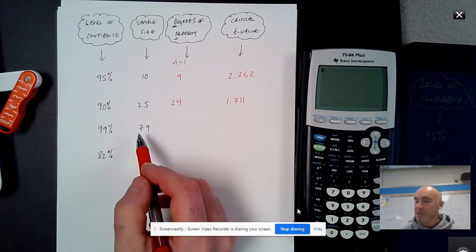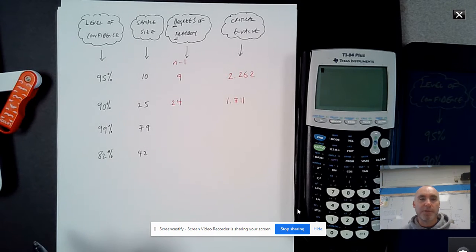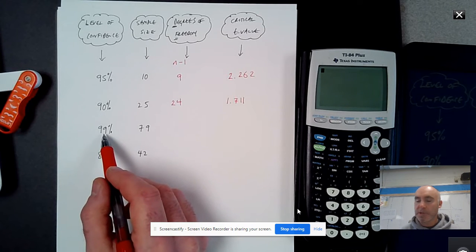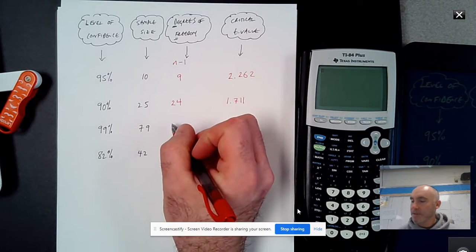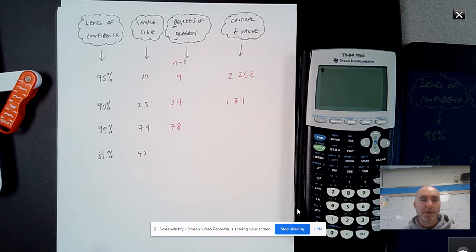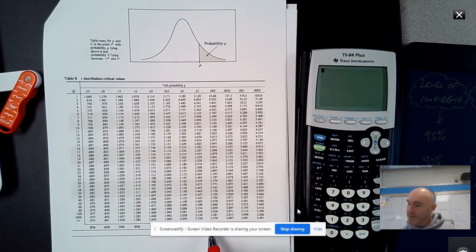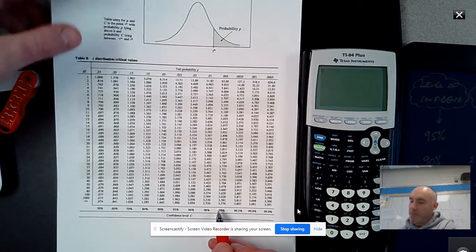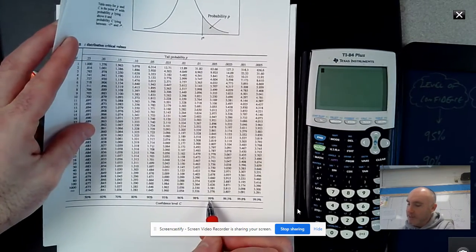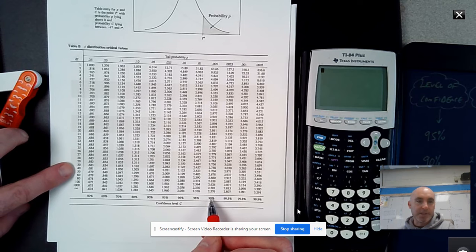Now, occasionally, you get a value where maybe the degrees of freedom aren't there. In this one, we're looking at 99% with a sample size of 79. That means my degrees of freedom is going to be 78. If I go right here, 99% is right there, okay? But my value of 78 degrees of freedom doesn't exist.